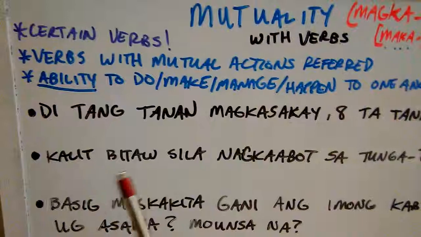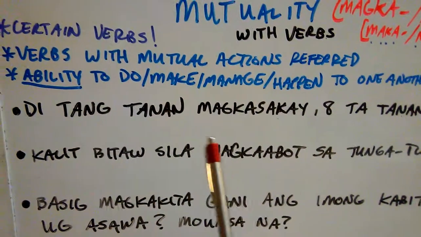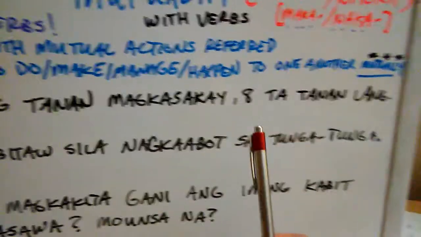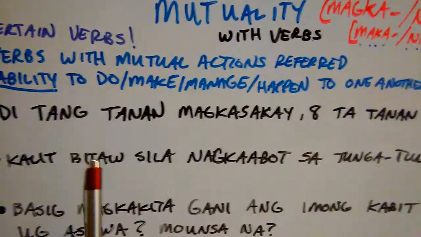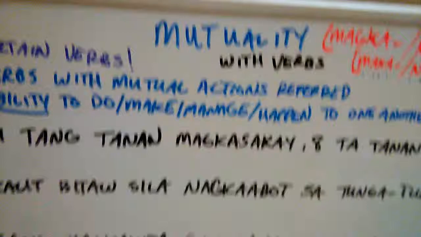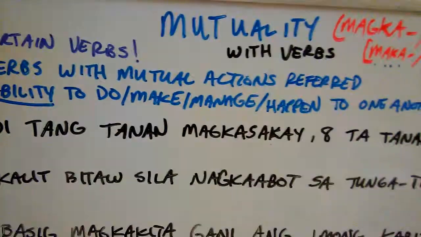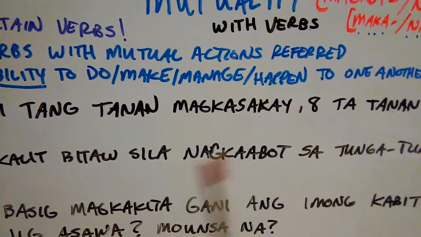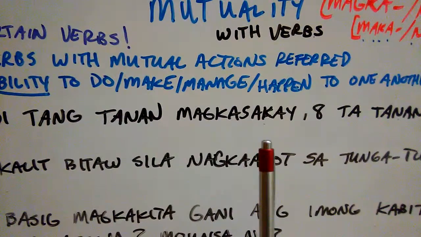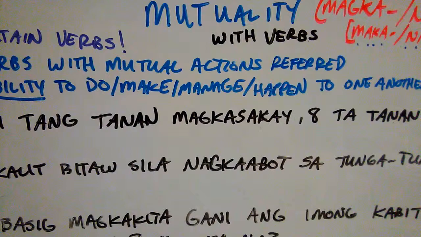The first one we have is "di tang tanan magkasakay. Walo tang tanan lang." It's explaining that with magkasakay, we all can't ride at the same time, probably because we all have the same reason.